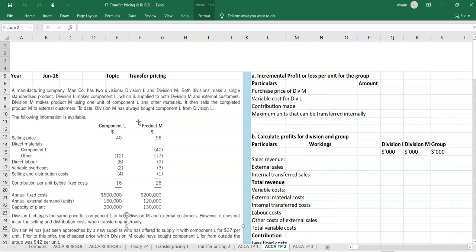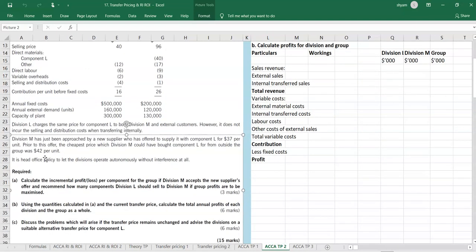They have given the two products' details here: selling price, direct material, component bought from L, other direct labor, variable overheads, selling and distribution cost, contribution per unit before fixed cost, external demand, and capacity of plant.